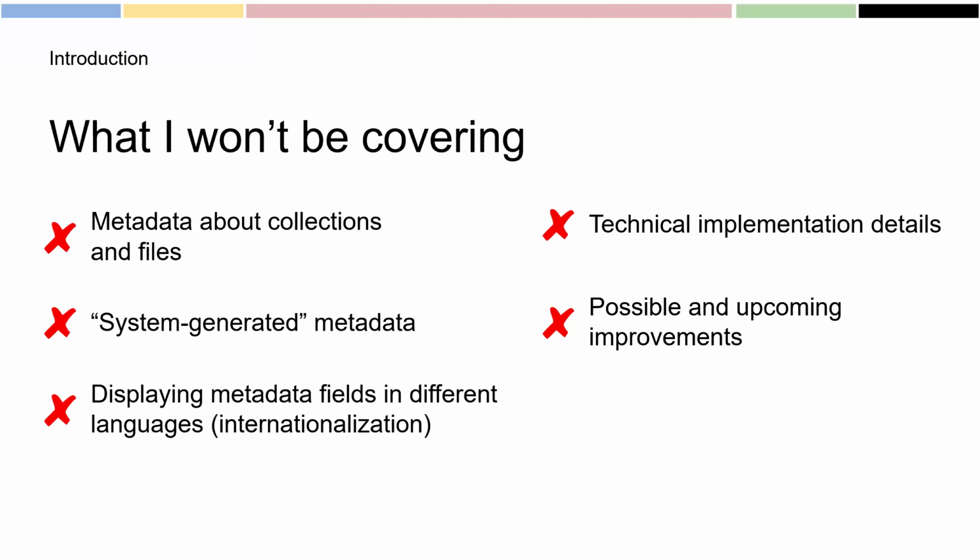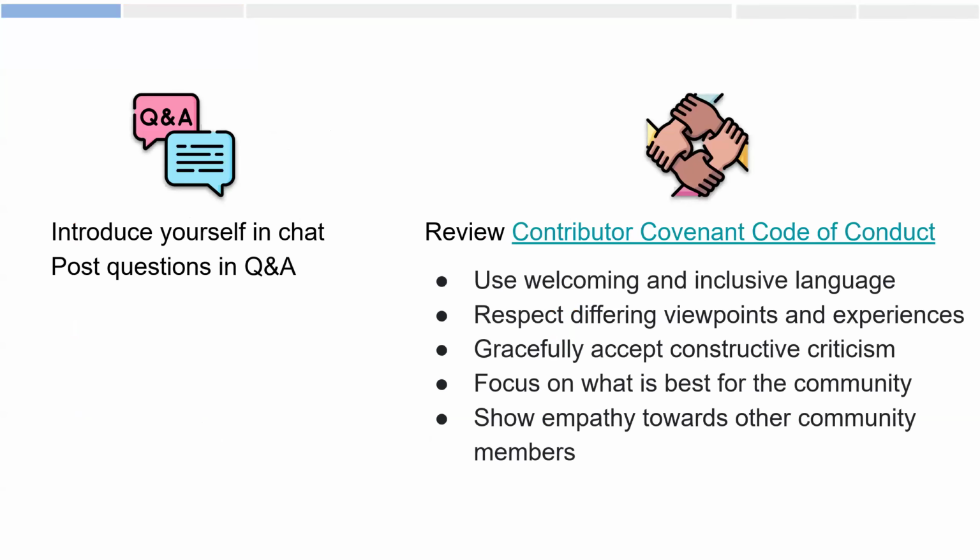I won't be talking about that, but there will be links to parts of the Dataverse guides where we go into more detail about that. And lastly, I won't be talking about possible and upcoming improvements. We're focusing on what's possible now as of Dataverse 6.6, the last update that was released a few weeks ago. But we won't be talking about possible improvements. Oops, wrong way.